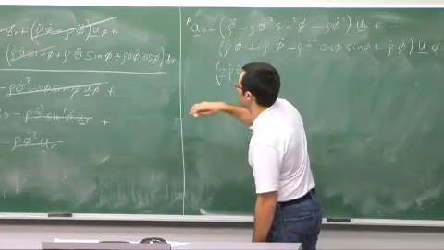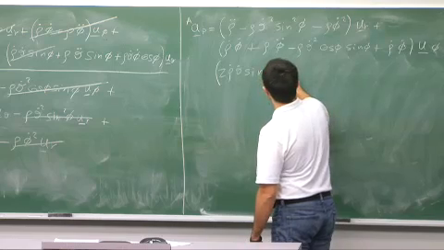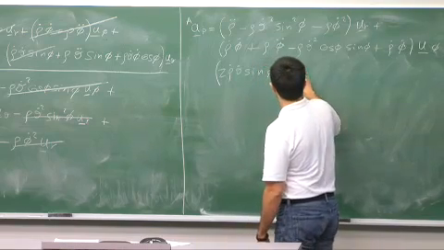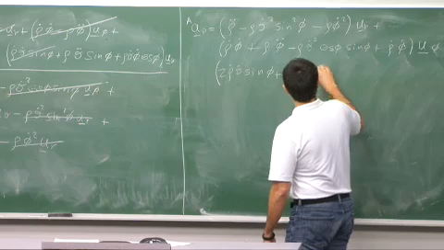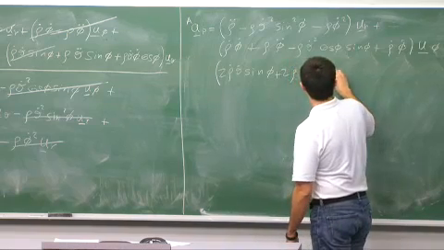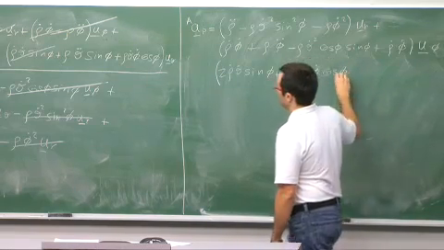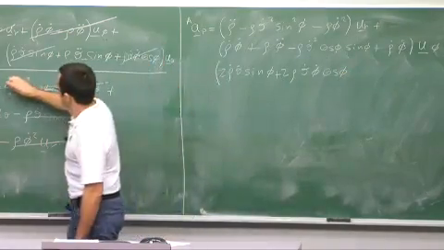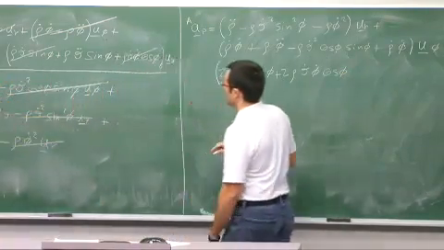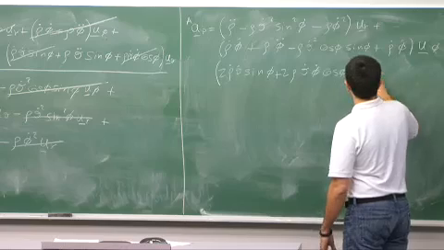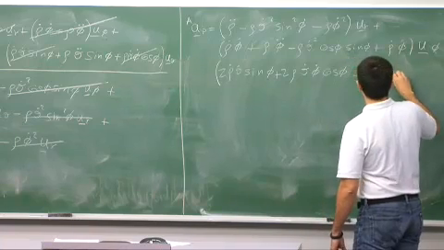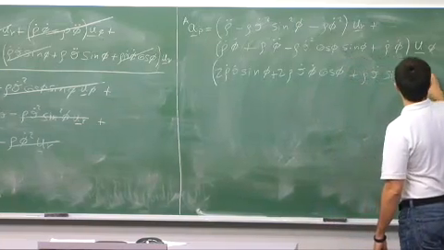Oh, yeah, that same. Plus 2 rho theta dot phi dot cosine of phi. Okay. And that's the last one. Plus rho theta double dot sine of phi.